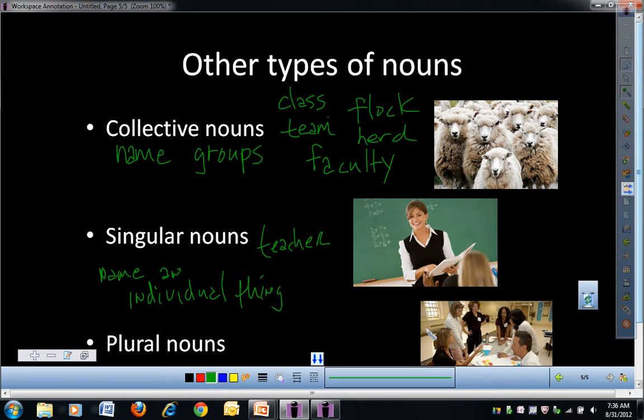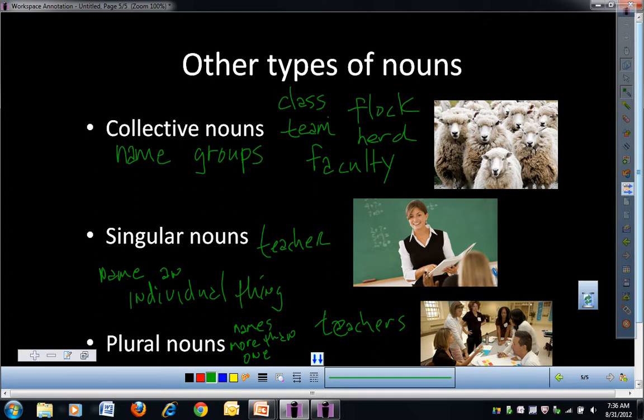And then for this group of teachers, if we want to make that plural, we say teachers, and that's going to name more than one individual or thing.